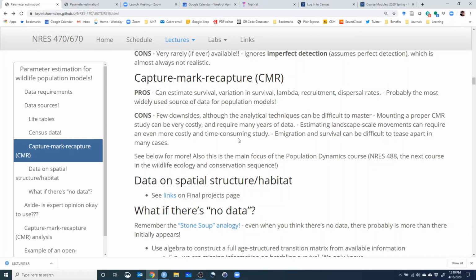For some species, like turtles, we can file little notches into their shell. For some species, what we use are called pit tags, passive integrated transponders that we can basically insert under the skin or in the abdominal cavity or somewhere where it's not going to get dislodged and it's going to stay for the whole lifetime of the individual.